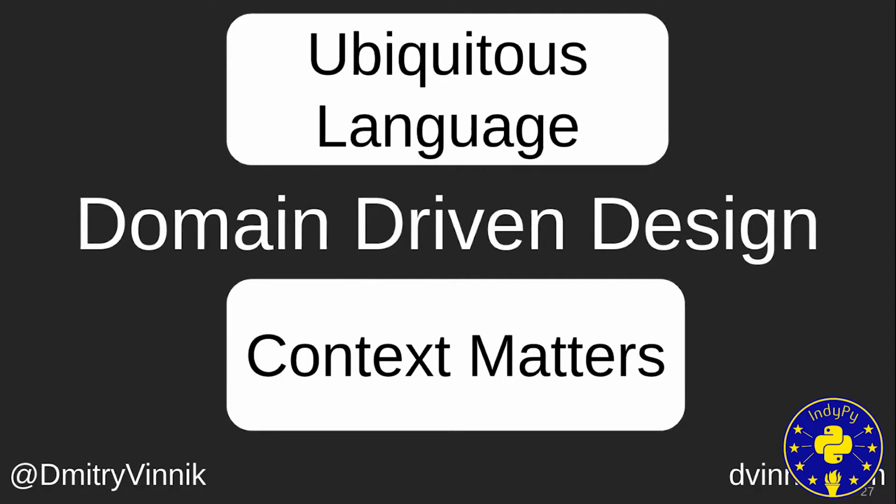Because account.java in the authentication team would be very different. Because account in authentication cares about its session cookie, session ID, its rights and permissions to interact with the production system. If I have an account in the accounting system, I care about my taxes, my credit score, all those things. So the context matters, and this is what domain-driven design is really about.